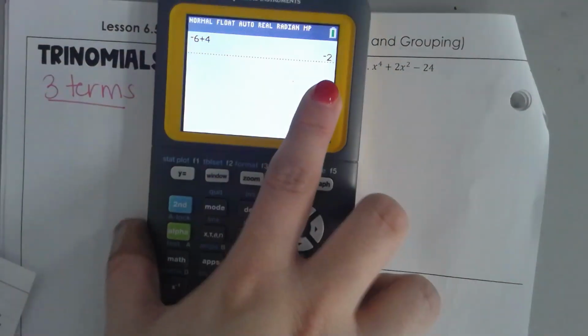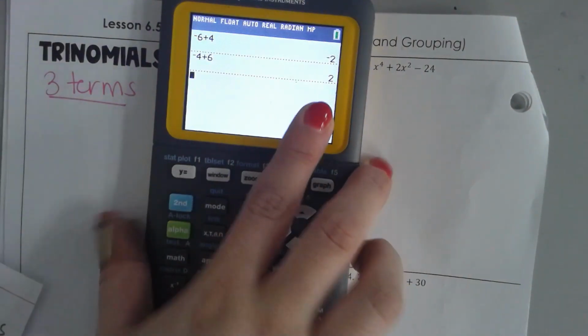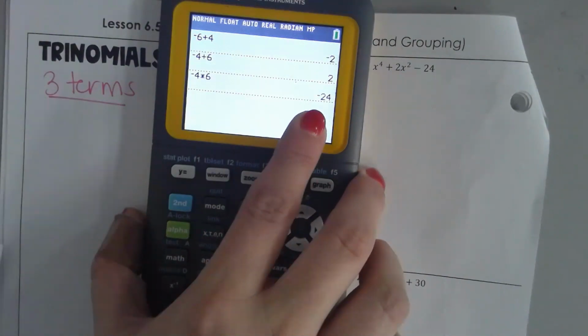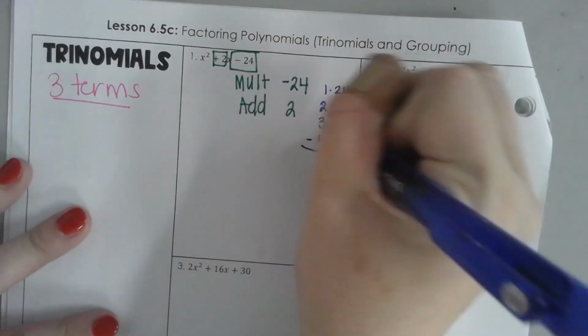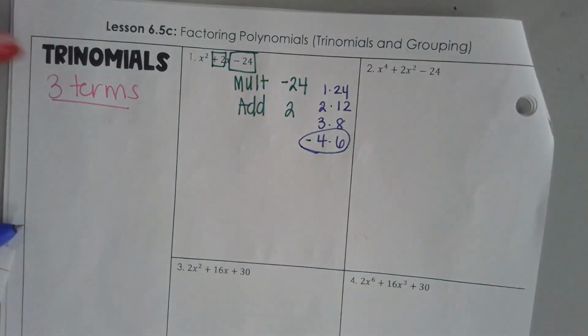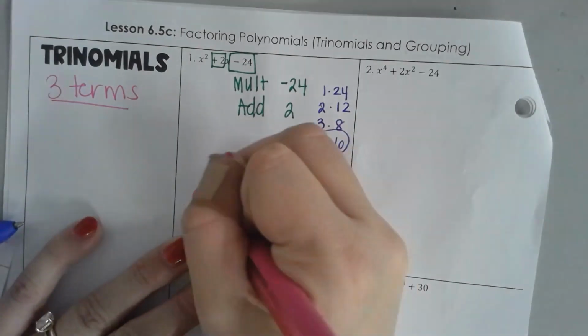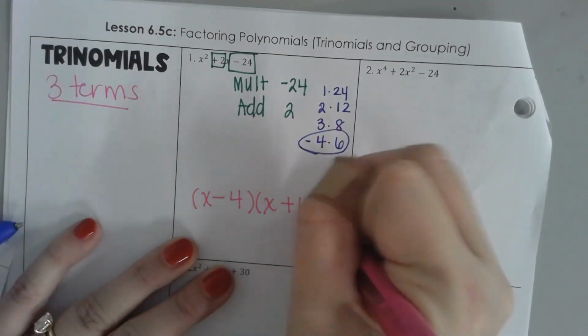But if we do -4 plus 6, we get a positive 2. And negative 4 times 6 is negative 24. So negative 4 and 6, those are my two numbers. And then all we did was, in parentheses, we wrote x minus 4, x plus 6.